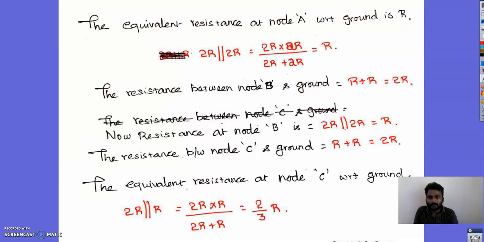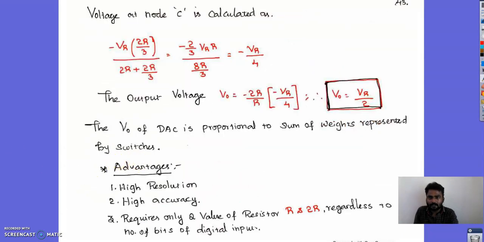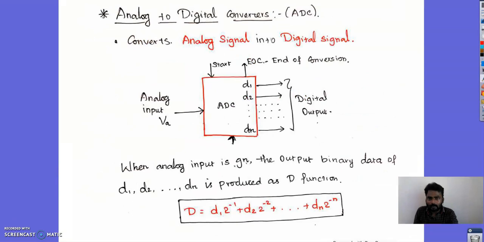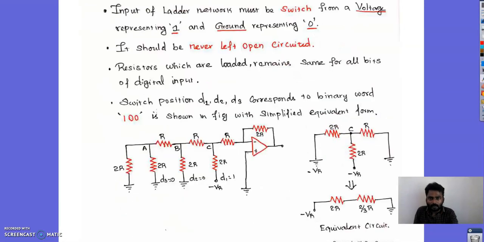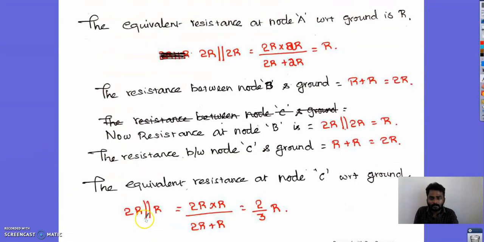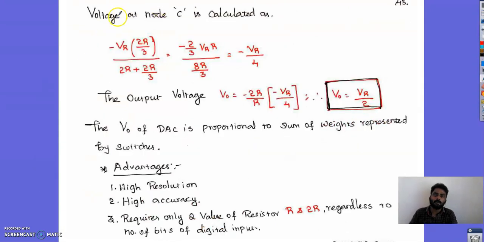Similarly, I have simplified all this circuit, and finally I obtained the equivalent resistance as 2 by 3 into R. This is the input resistance I obtained. So the output voltage at node C is calculated by VR into 2R by 3 divided by 2R plus 2R by 3.